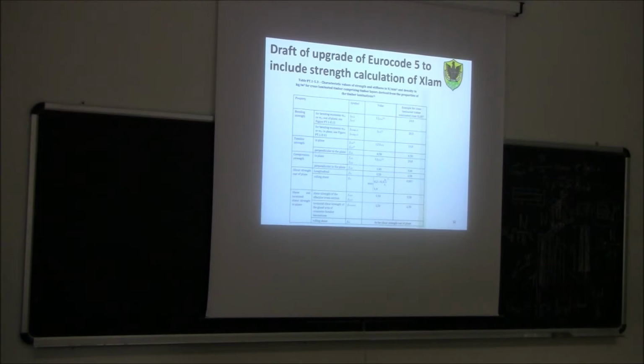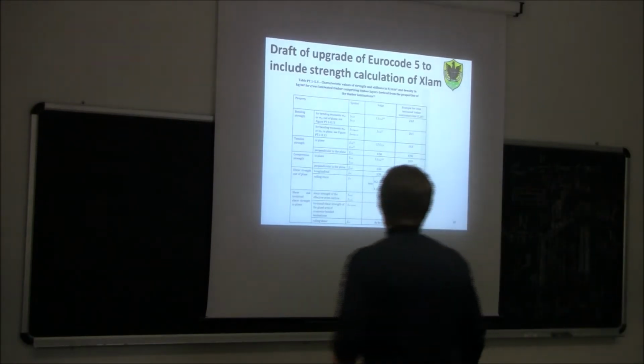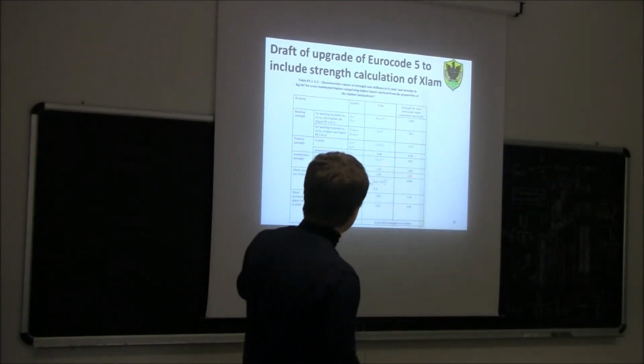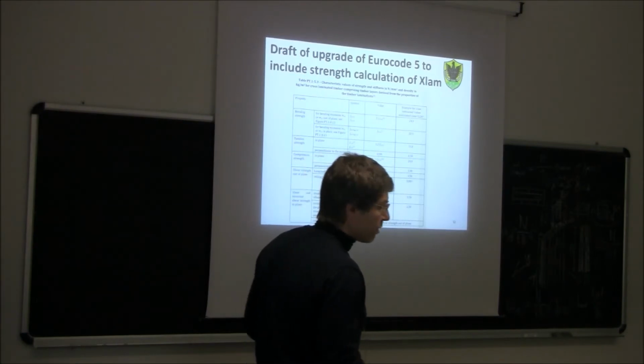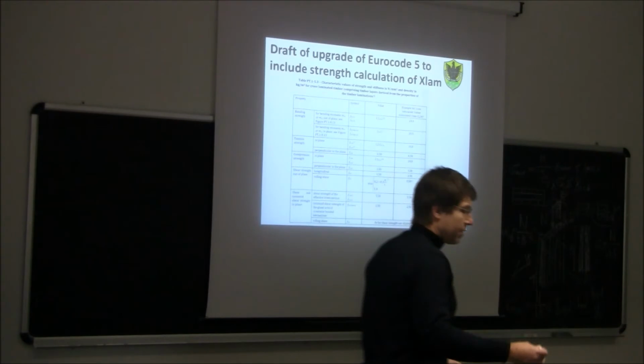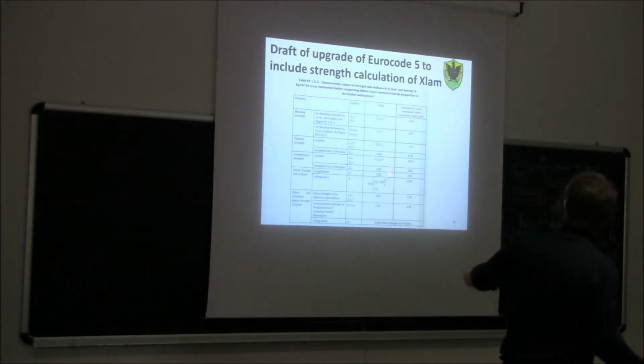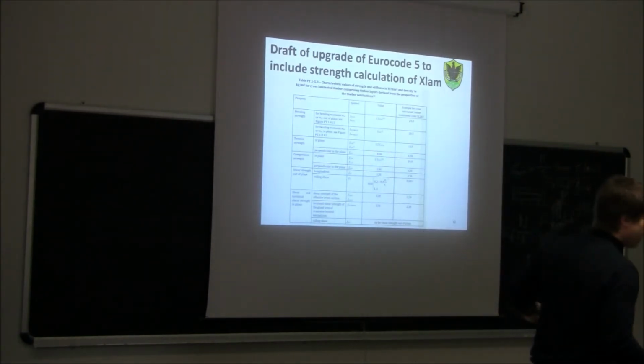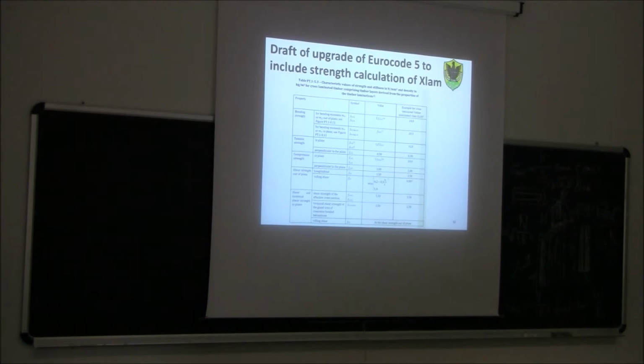So I need to know whether this is a T10, T12, so the tensile strength of the plank. Okay? It's clear? So I know the tensile strength of the plank, I take the Fc0k from the classification table that we saw several weeks ago, and I insert this into this formula, and I get the mechanical property that I need to calculate the strength of the panel.